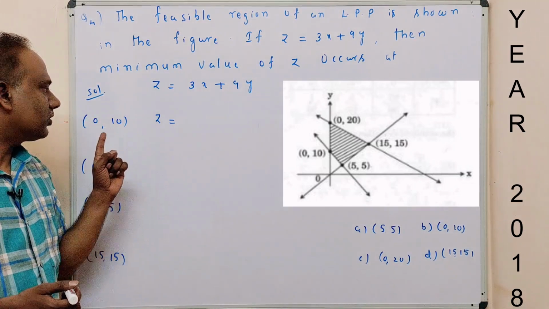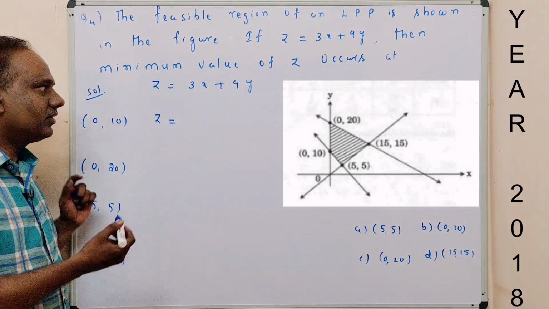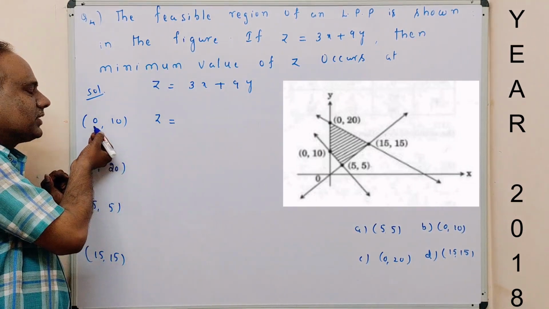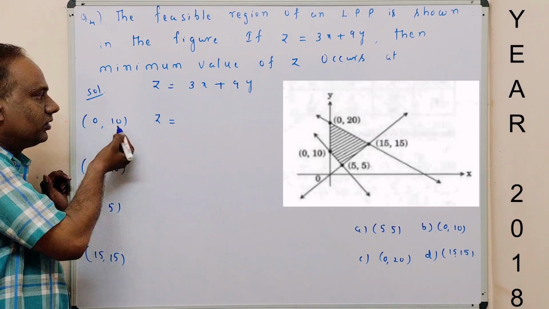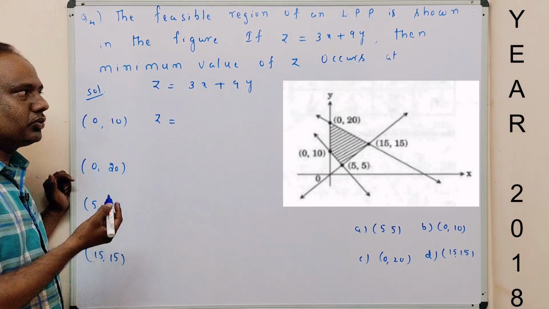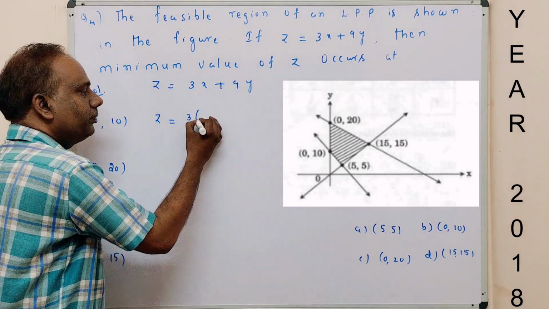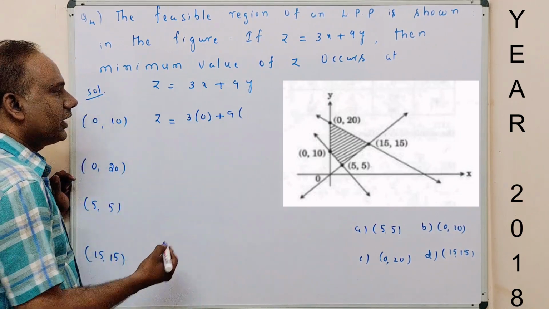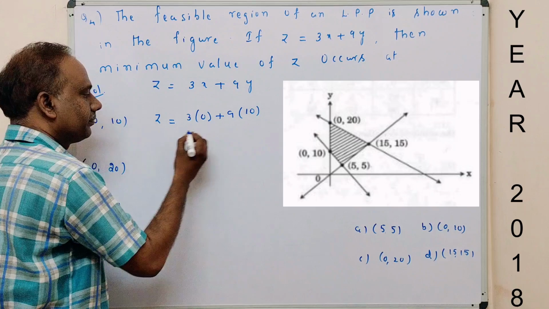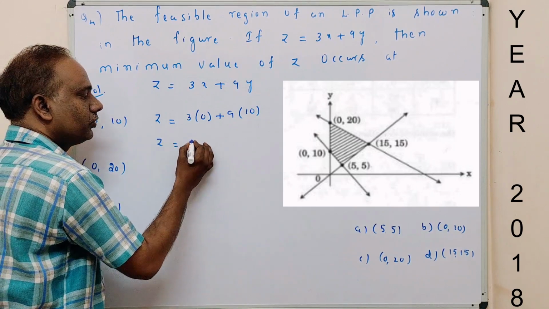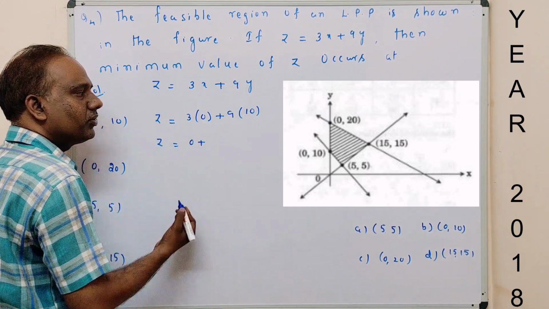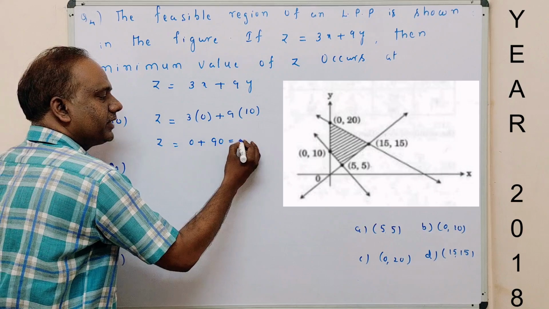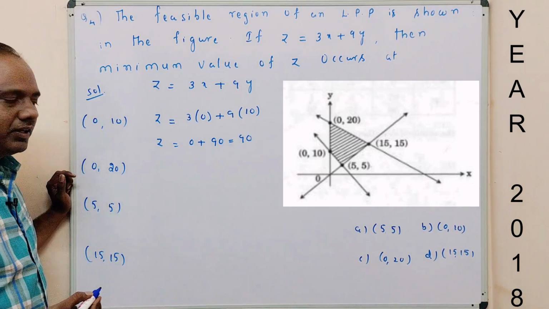First corner point is 0 comma 10. That means in the place of x you substitute 0, in the place of y you substitute 10. That means 3 into x value 0 plus 9 into y value 10. So 3 into 0 is 0, 9 into 10 is 90. So 90.